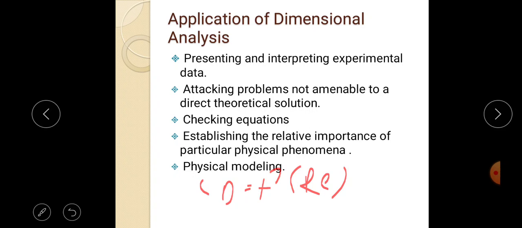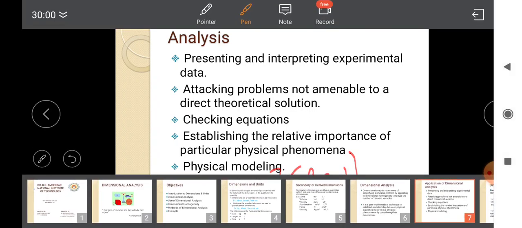Now if we want to plot CD versus Re, we need only one graph instead of hundreds of graphs. So this has helped us reduce the number of variables and made our calculation very easy. Thank you.